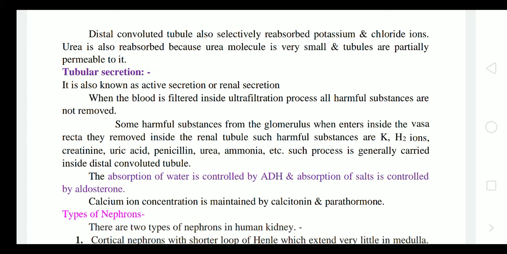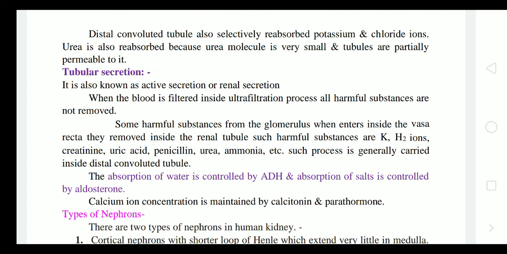Such harmful substances are potassium and hydrogen ions, creatinine, uric acid, penicillin, urea, ammonia. This process is generally carried out in the distal convoluted tubule. So this secretion is not exactly secretion, it is just the removal of these harmful substances which are not removed by ultrafiltration.